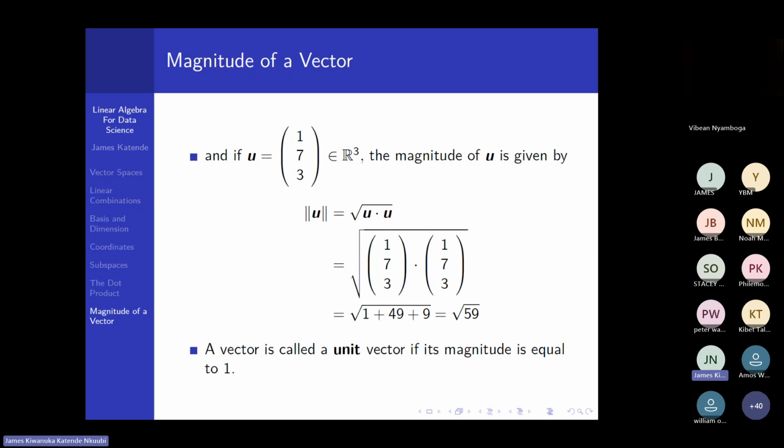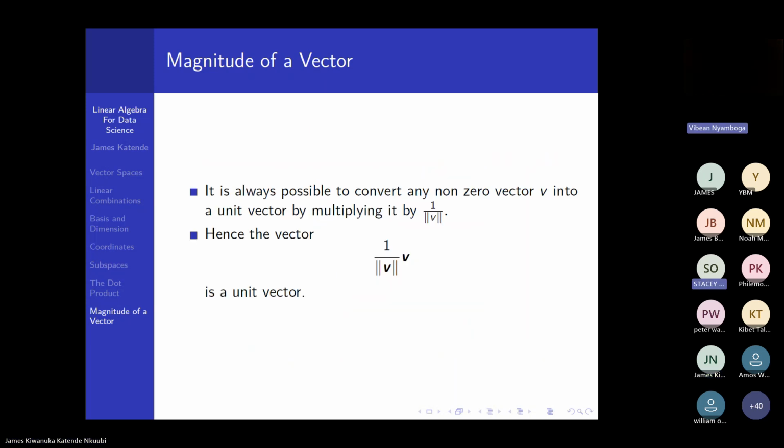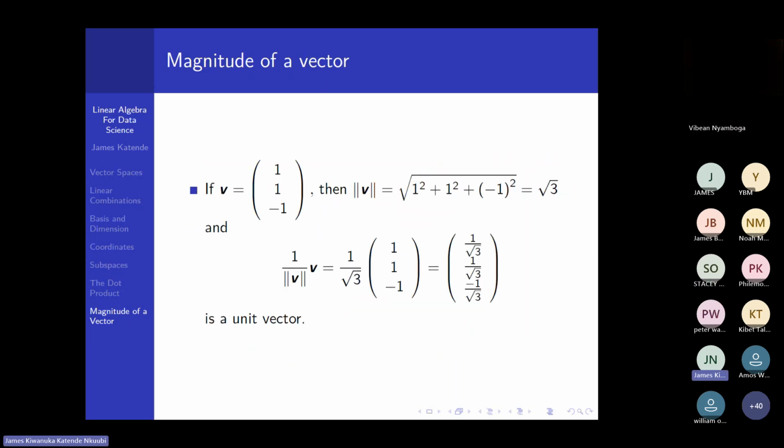The difference now is that, instead of (1, 7, 3), your vector is this one. The first entry is 1 over root 3, the second is 1 over root 3, and the third is negative 1 over root 3. So get the dot product of this vector with itself, the same way we did for the previous one.